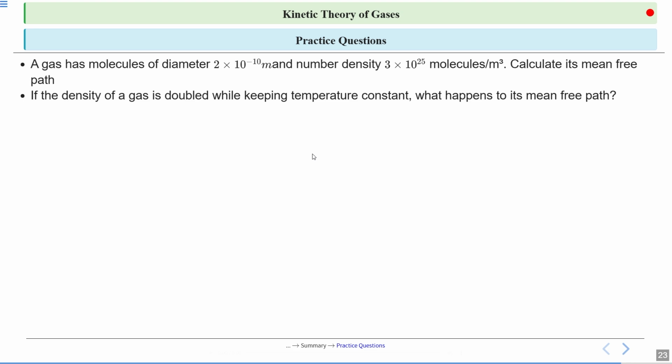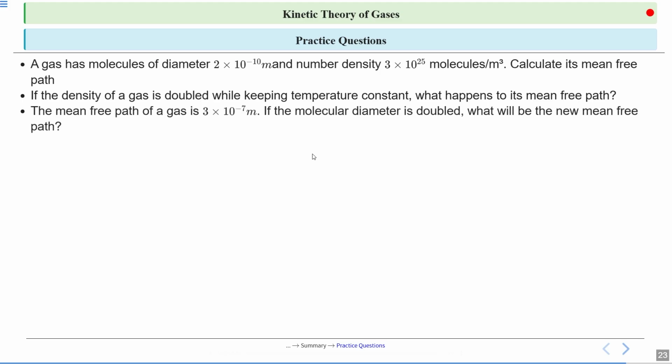So first question: a gas has molecules of diameter 2 into 10 raised to the power minus 10 meter and number density 3 into 10 raised to the power 25 molecules per meter cube. Calculate its mean free path. If the density of a gas is doubled while keeping temperature constant, what happens to its mean free path?